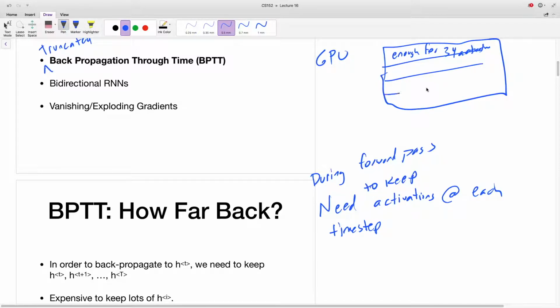And then I claim we've got some others here. We've got the weights and biases too, but the key thing to remember is we are trying to use up all of the GPU's memory.